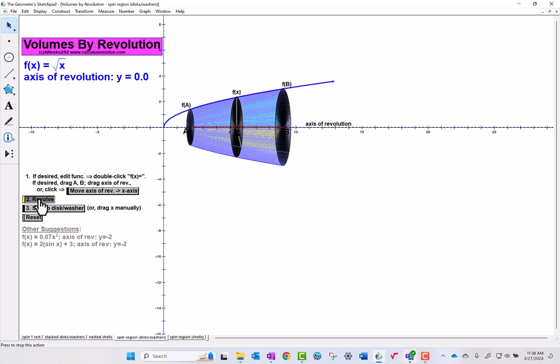So in reality, this is very much like doing volume by cross sections, because the formula is actually pi r squared. We're integrating pi r squared. We're just integrating a circle. So that's what you would visually see, and that's what you would be finding the volume of.